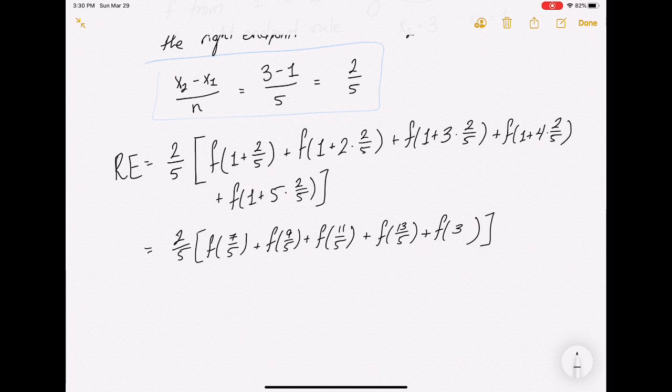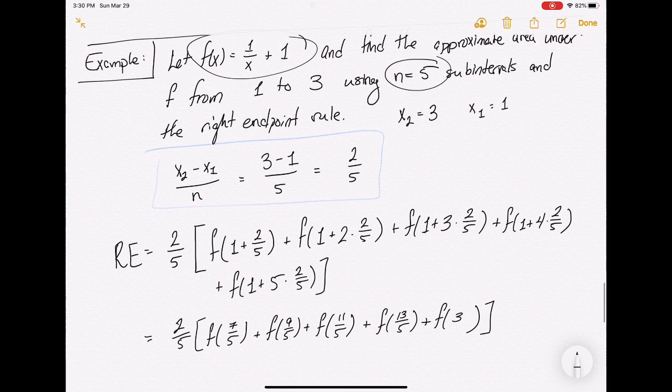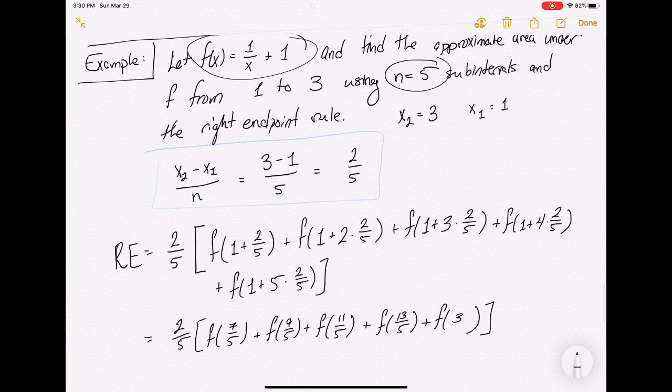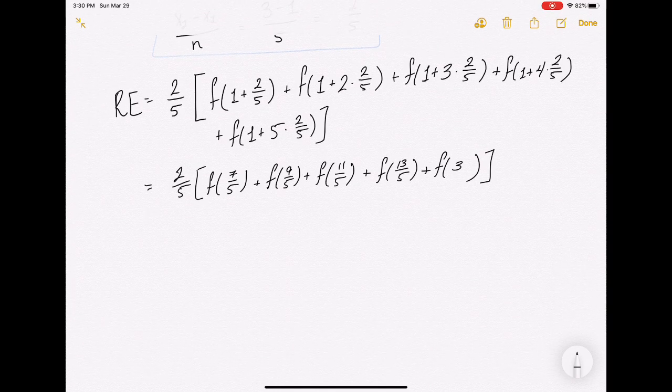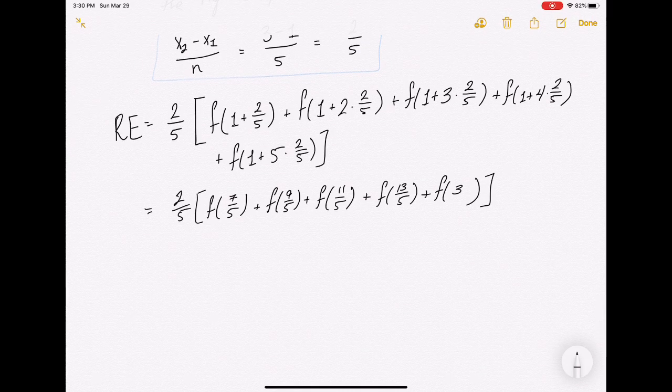Now, finally, I like to translate this in terms of what f actually looks like. And we see in our case, f looks like 1 over x plus 1. Keep in mind that 1 divided by 7/5 is 5/7, and 1 divided by 9/5 is 5/9, and so on. So I'm going to call this 2/5 times, and then here I have 1 divided by 7/5, which is 5/7, plus 1. That is what f of 7/5 is equal to.